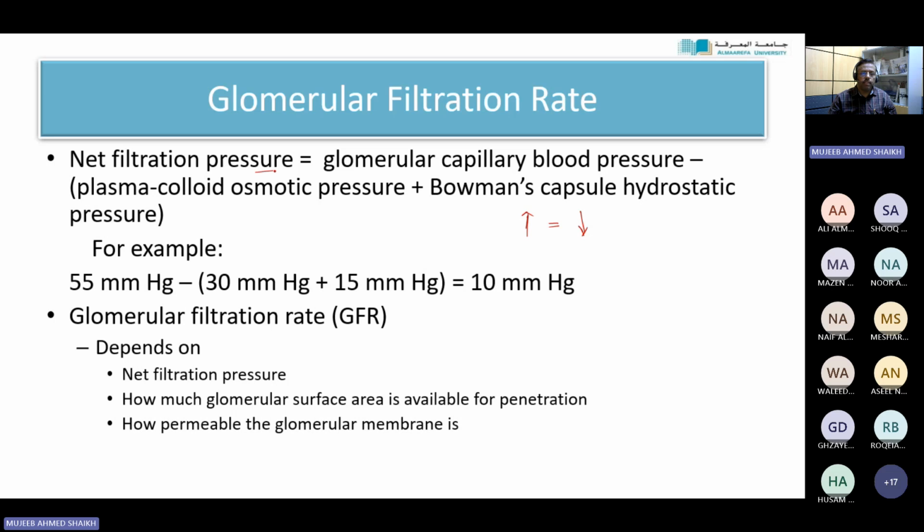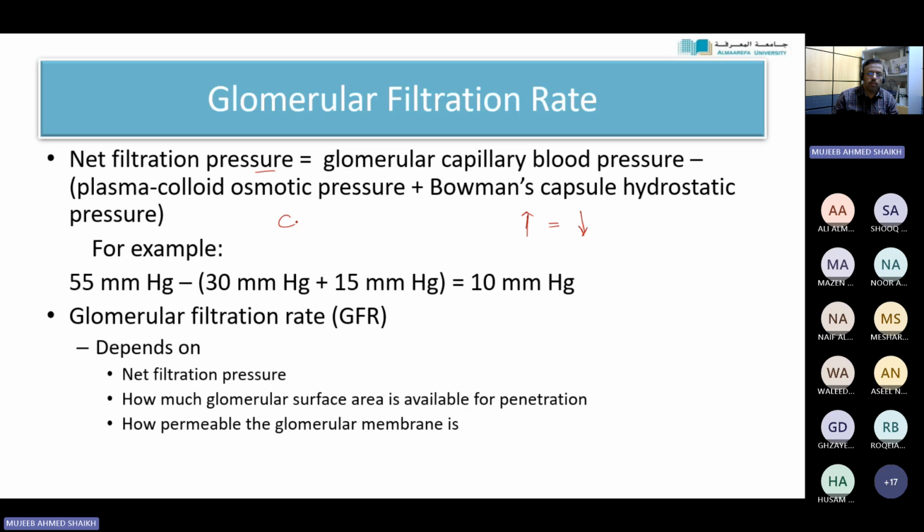So what are the forces? Again, we have to go back to the previous block, the physiology block. How many forces are there in the blood for filtration? Two types of forces exist.